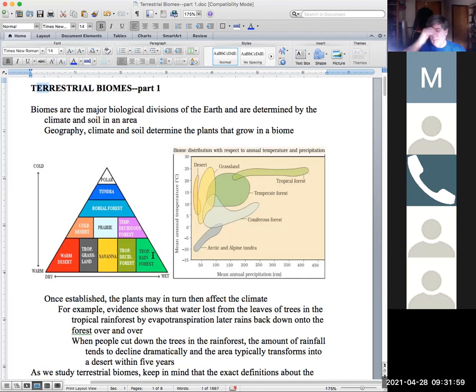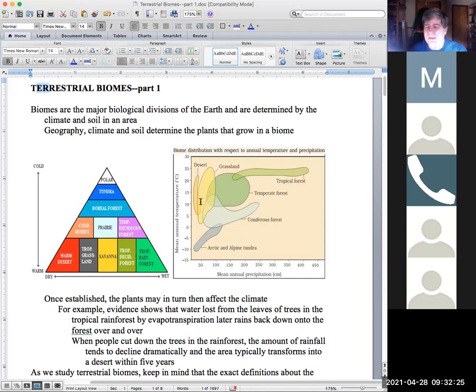So we can think of the biomes of the earth. Remember what we've been saying for the last day or two, that what determines the biome in an area is climate, soil, geography, and solar radiation. If we think about temperature and moisture, then this is an easy way to divide biomes up.